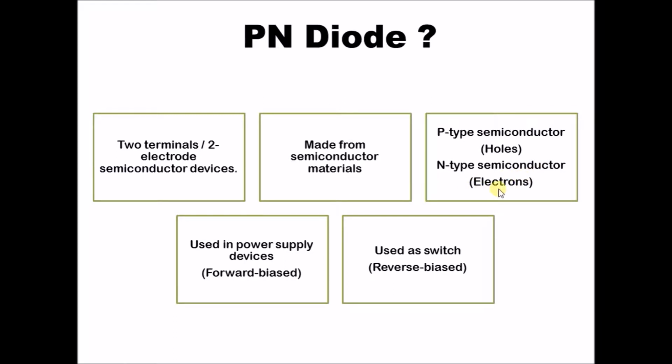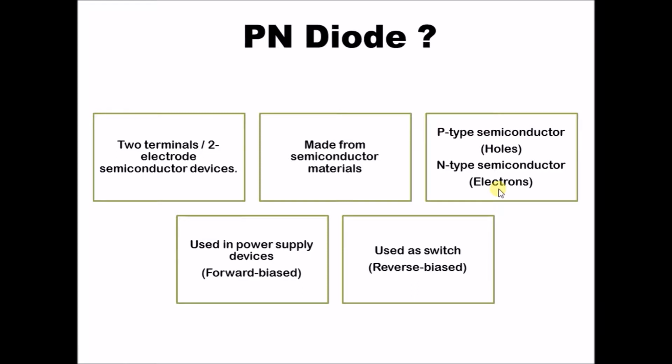In P-type semiconductor, the majority carrier is holes and the minority carrier is electrons, while in N-type semiconductor, the majority carrier is electrons and the minority carrier is holes.